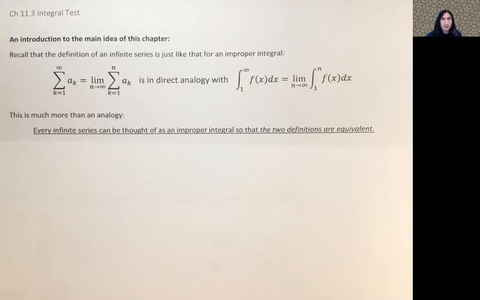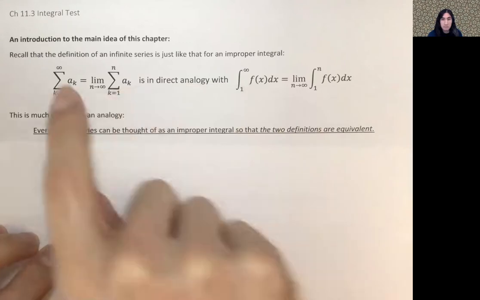Okay, I want to start 11.3 by explaining the idea behind the chapter, which is a really important concept for coming to grips with what an infinite series really is. So you may remember that we defined an infinite series and its sum in analogy with how we defined an improper integrals calculation through a limit, right?